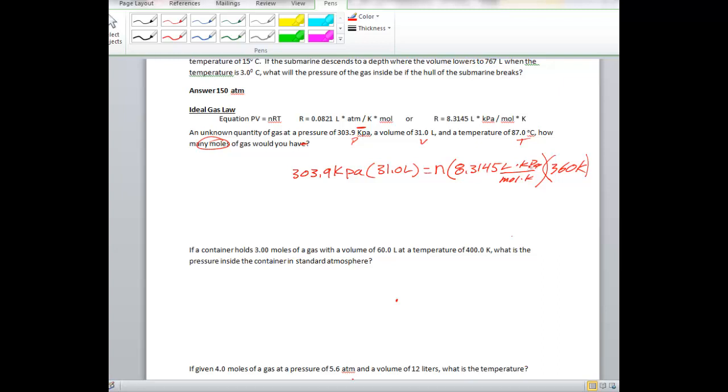I'm using kPa, or this standard, because my initial pressure was in kPa. If this was in atmospheres, then I would use this constant.